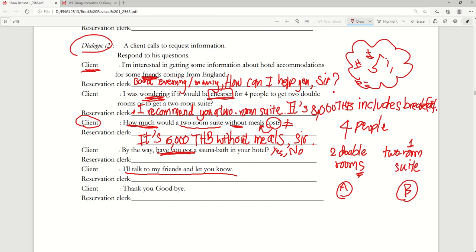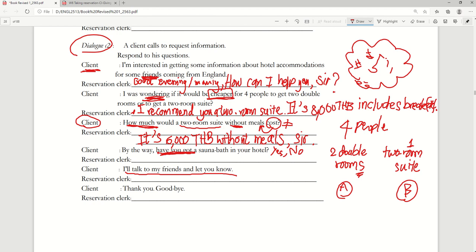I'll talk to my friends and let you know. So it means that the client does not expect have or have no sauna bath. So the answer can be both.